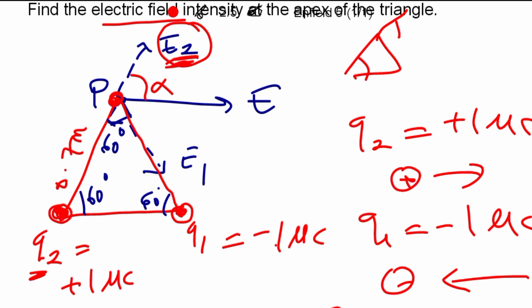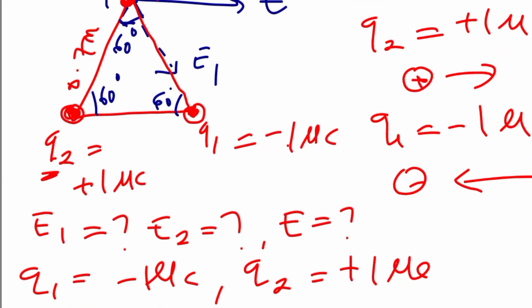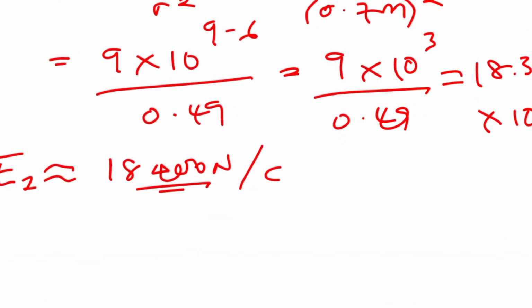If you extend it and form the same angle like that, definitely alpha has to be equal to 60 degrees. So that simply means that the angle electric field E2 makes with E, the resultant that we are here to calculate, is theta or alpha equals 60 degrees. So that's all we did for now for E2.